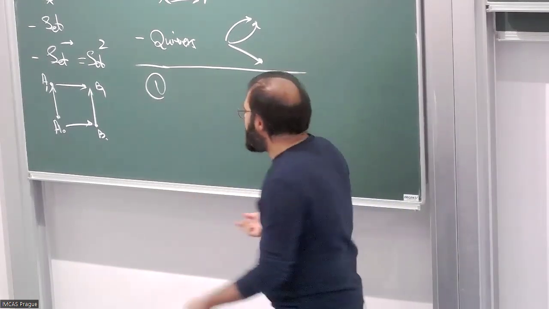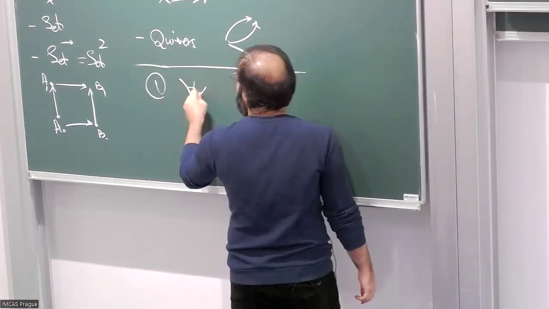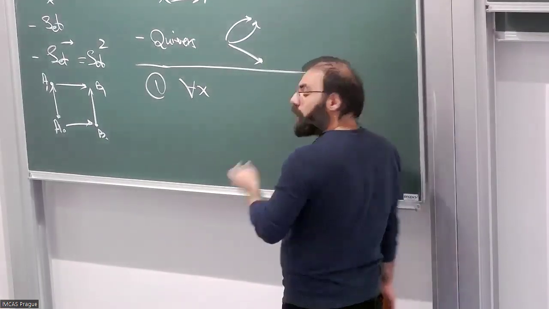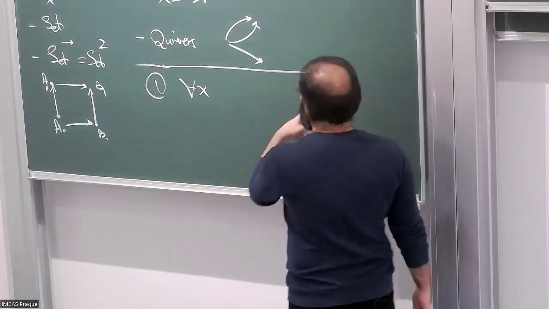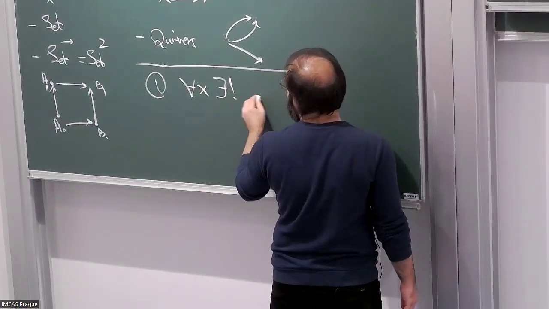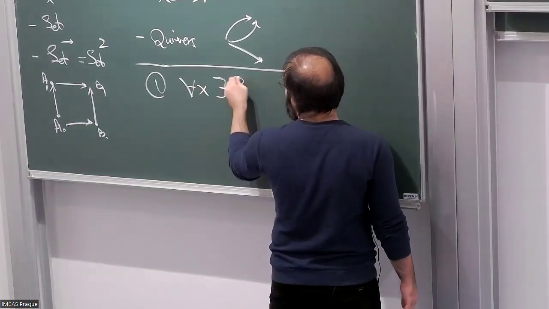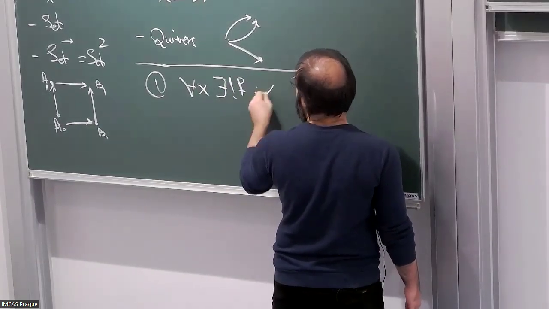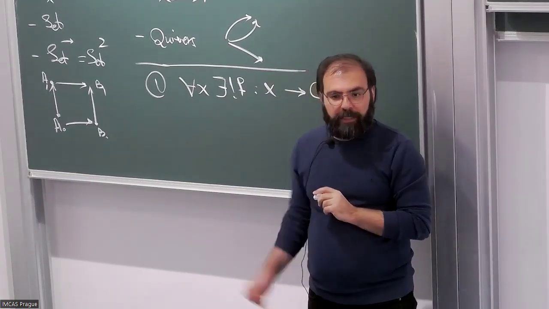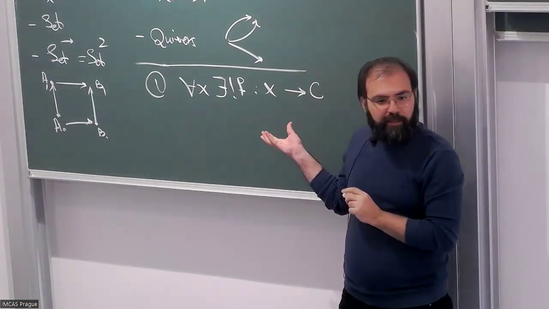You can say that for any object X, say the object C is your singleton, such that for any X, there exists exactly one morphism, say f from X to C, right? That is at least the property that the singleton has.